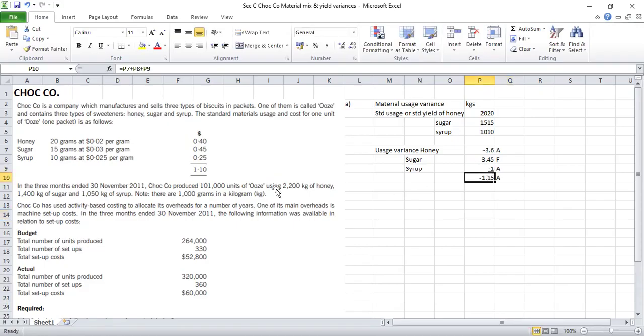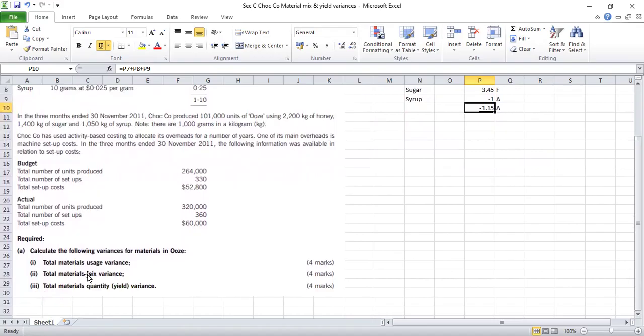So the net answer is 1.15 adverse. Now, the net of yield and mix variances must be the same. We will solve mix variances first, then yield variances, and the sum of those variances must be equal to 1.15, because mix and yield variances are sub-variances of this usage variance.